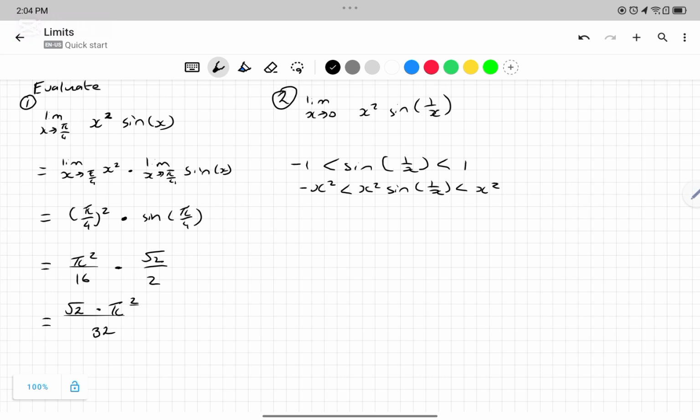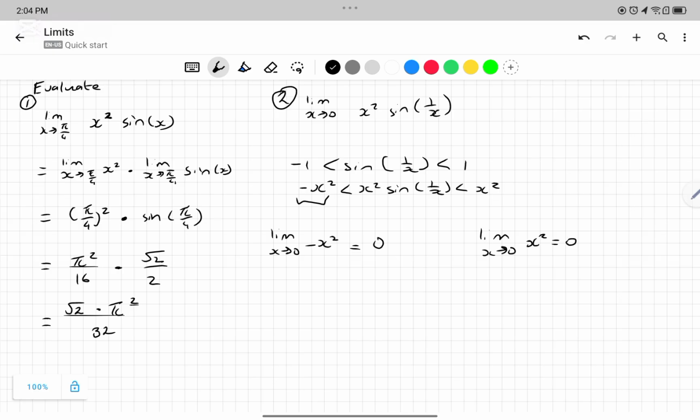So let's find the limit of the first one, which is this. Limit as x approaches 0, negative x squared. So that will give us what? 0, right? And limit as x approaches 0, x squared.